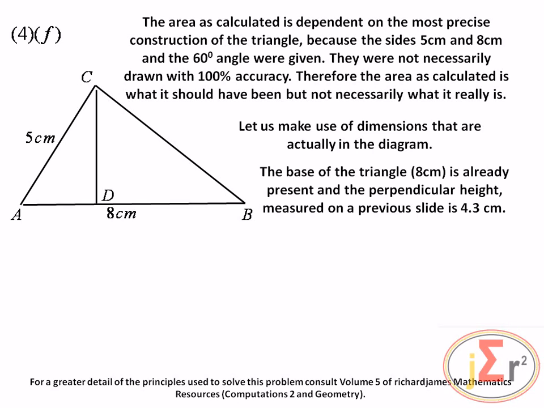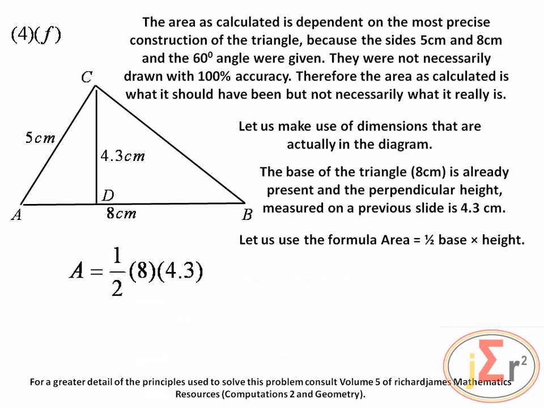So we have the base 8 centimeters and the perpendicular height 4.3 centimeters. We are going to use the formula area is equal to a half base times height. So A is equal to a half times 8 times 4.3, and that turns out to be 17.2 centimeters. And that is what we really should have had instead of using half AB sine C.